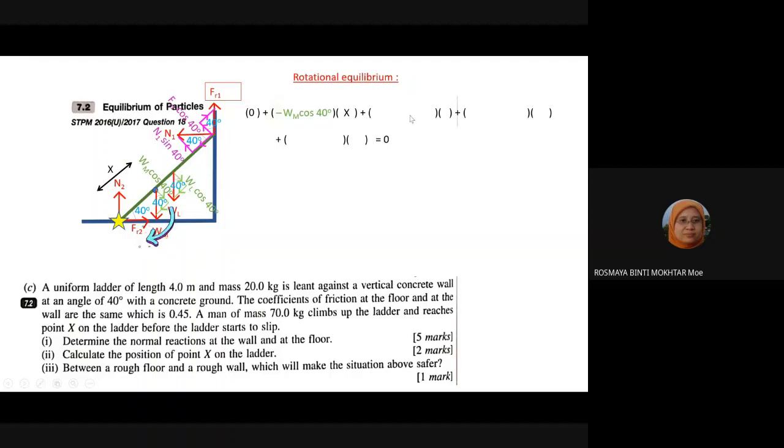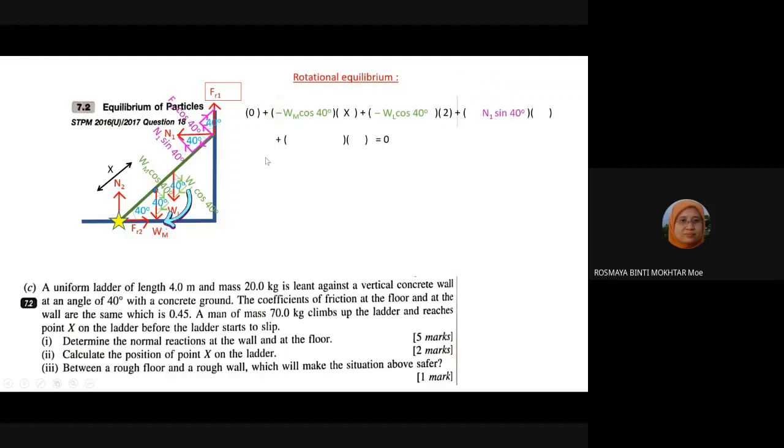Then another weight is WL cos 40 degrees, also in the clockwise direction from the fixed point as the axis of rotation. So it will make a clockwise moment, so the sign is also negative. Then the distance at the center here is 2 meter.